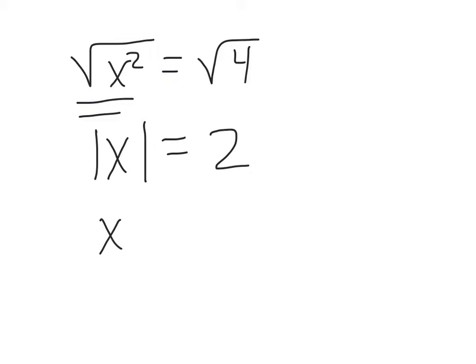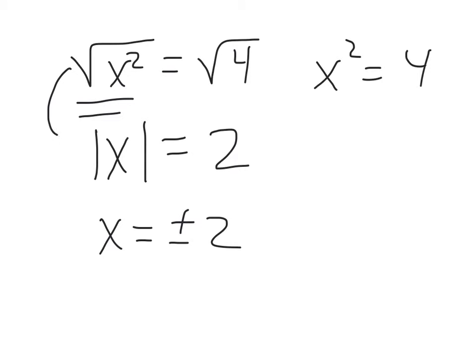So we would say x would be positive or negative 2. So when we start out with x squared equals 4, we normally jump over this step and go directly to saying x is positive or negative square root of 4. Okay, so we need to keep that in mind.